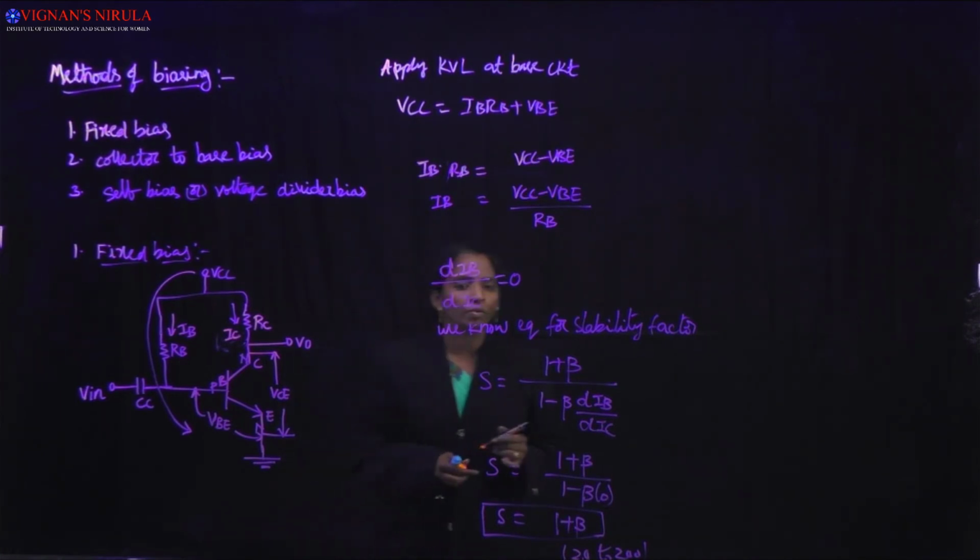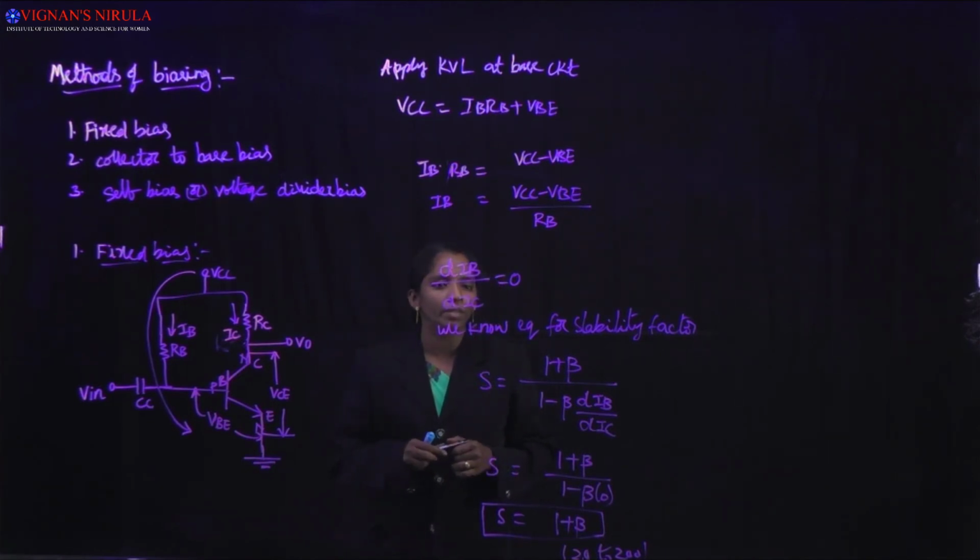At the start we said the stability factor should be as small as possible. Here the beta value is high, so the stability factor is also high. So with this circuit we get a very poor stability factor, and in many applications we do not consider fixed bias.